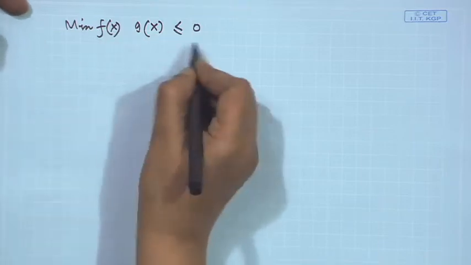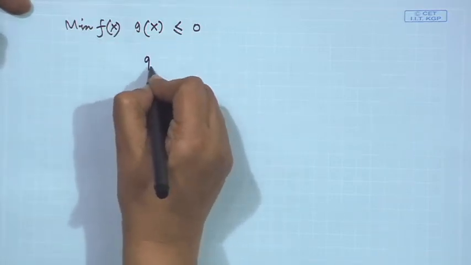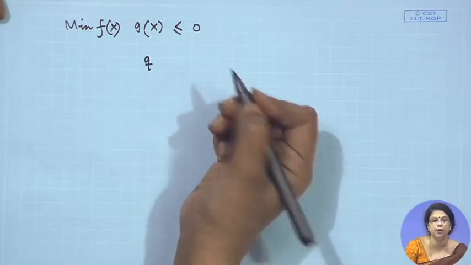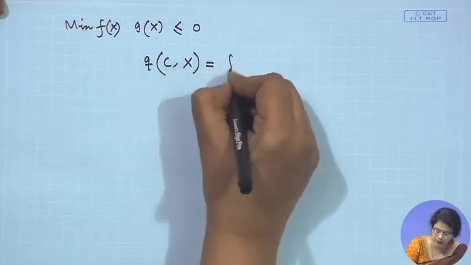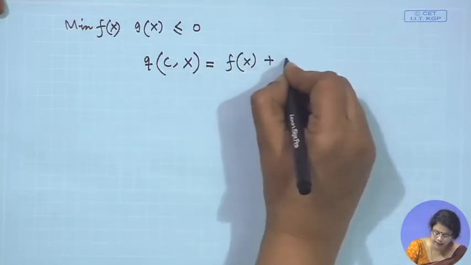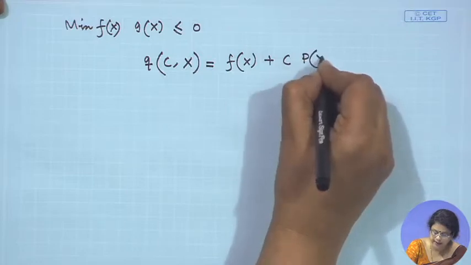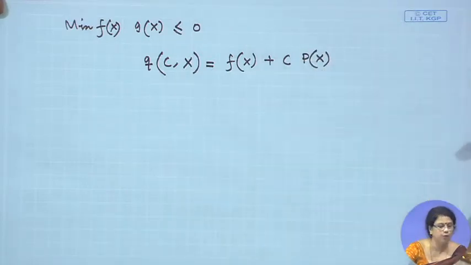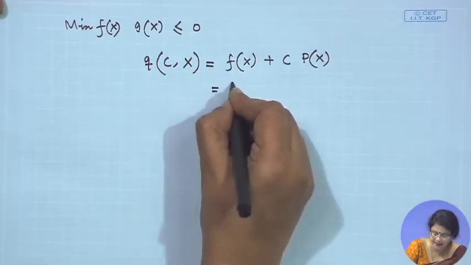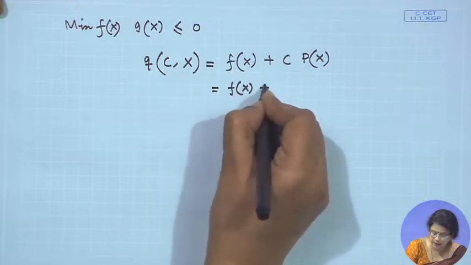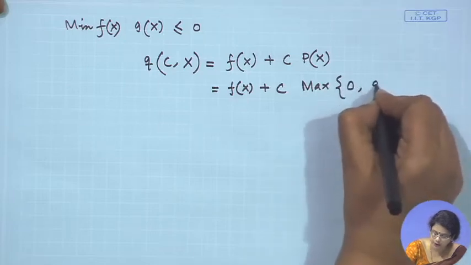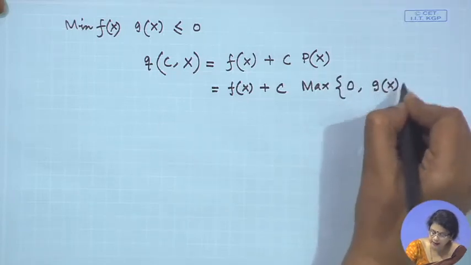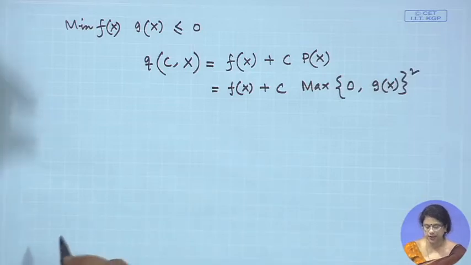Then for this problem, if we consider the unconstrained optimization problem, say q, that is a function of c and x, this would be equal to f x plus c p x, the penalty function. Now, for this problem, we have considered the penalty function as f x plus c max of 0 and the value g x, and we have considered the square.